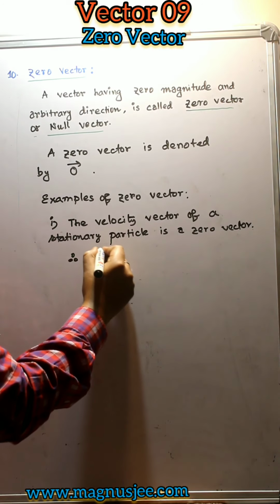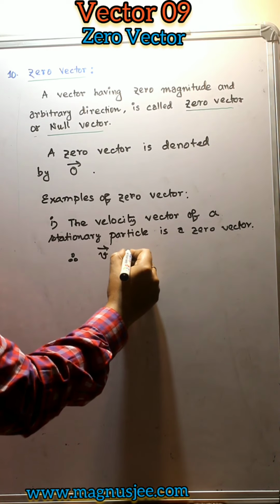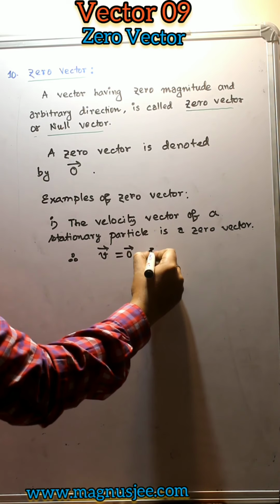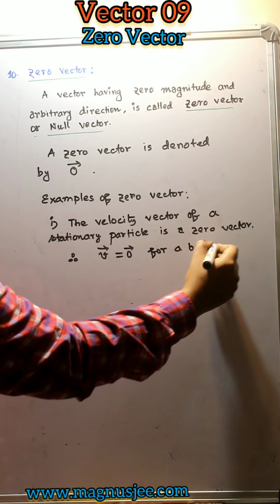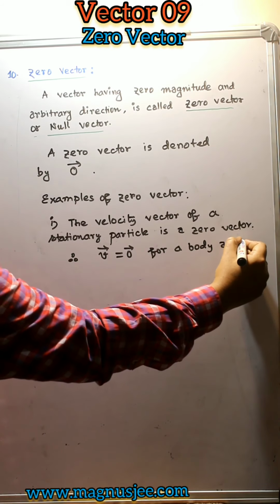Therefore, vector V equals zero vector for a stationary body, for a body at rest.